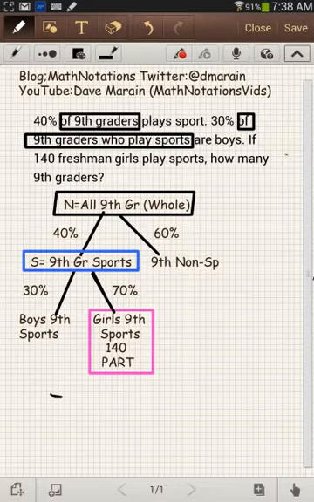40% of the 9th graders play sports. Well, it should be plural there. So we'll call this the whole, W-H-O-L-E, and there it is, the whole. 30% of 9th graders who play sports, that's in blue here, are boys.